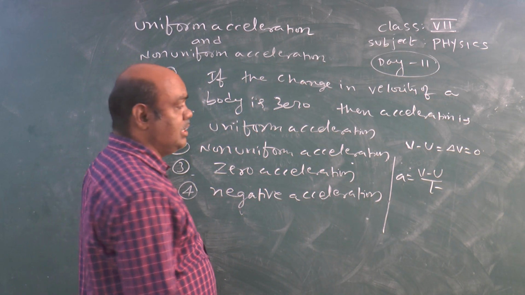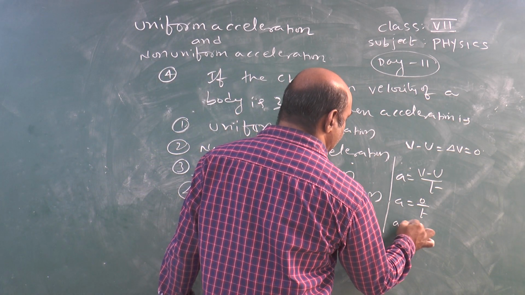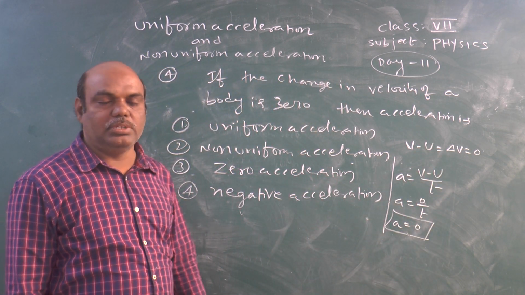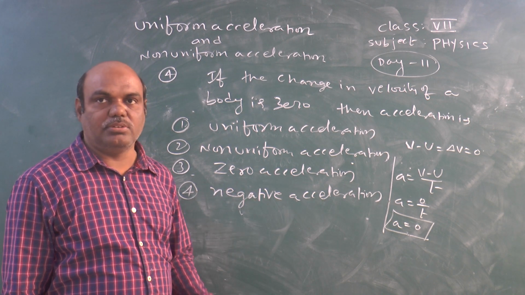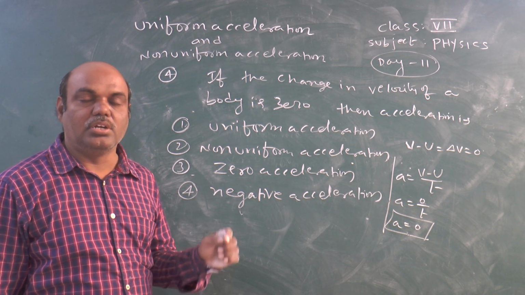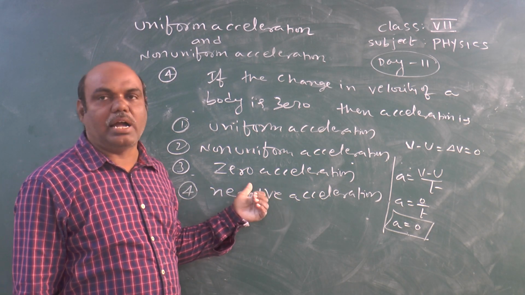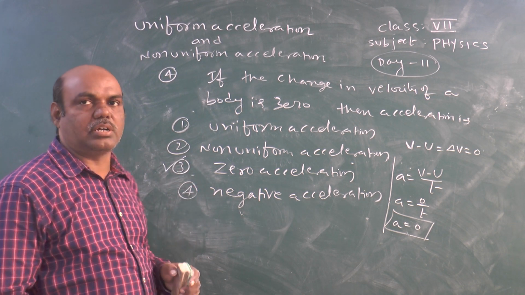Here v minus u is 0, so 0 by t, a equal to 0. That means the acceleration is zero acceleration. If the change in velocity is 0, the acceleration is 0. That's why the third option is correct.